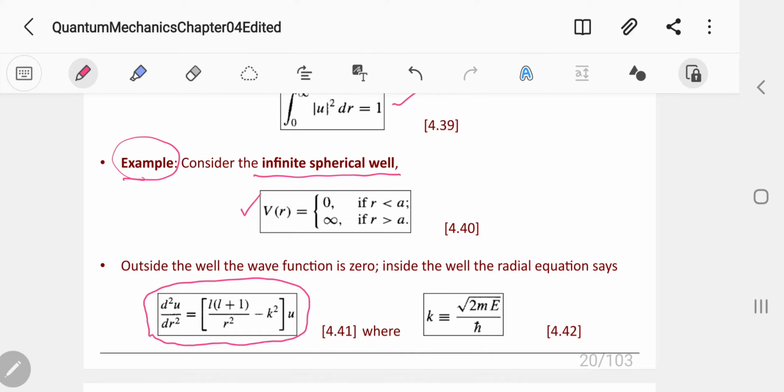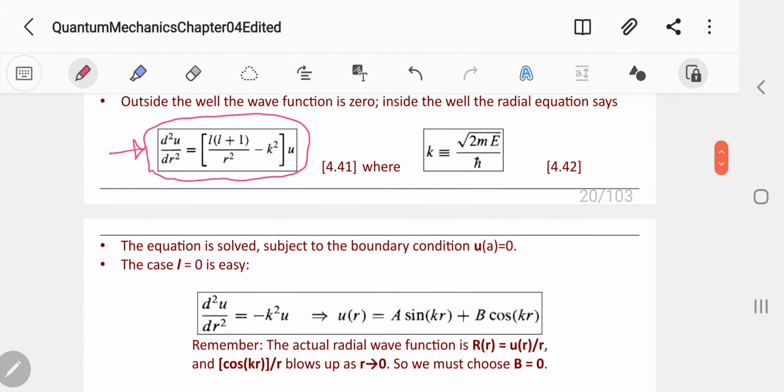Inside the well you have this one, because you cannot find the particle outside the well because the potential is very high. So the particle cannot get out of the sphere. And here k is equal to the square root of 2mE all over h bar.